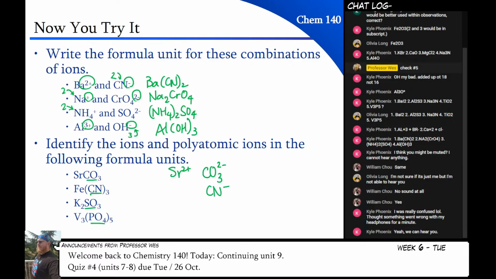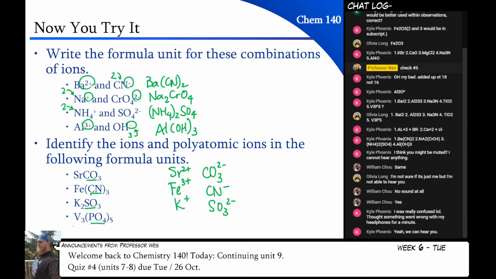We know that cyanide is CN minus because it's up here. So if I got 3 of those, iron must be +3. And then what the heck is this? SO3 has a charge of 2 minus, and there are 2 potassiums that are positive. For the most part, you can usually figure out what the ions are in the context of the situation.